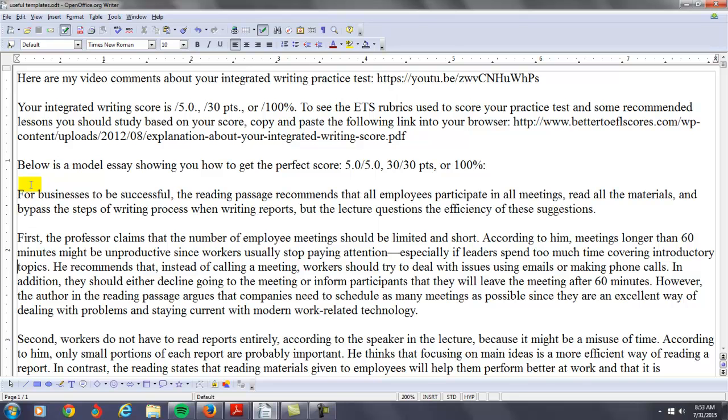He recommends that, instead of calling a meeting, workers should try to deal with issues using emails or making phone calls. In addition, they should either decline going to the meeting or inform participants that will have to leave the meeting after 60 minutes. However, the author in the reading passage argues that companies need to schedule as many meetings as possible since they're an excellent way of dealing with problems and staying current with modern work-related technology.